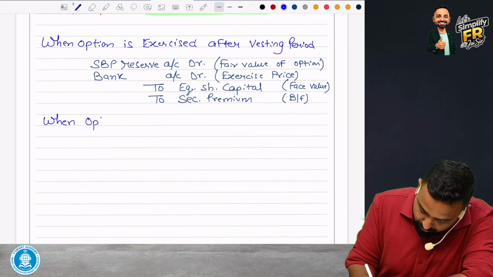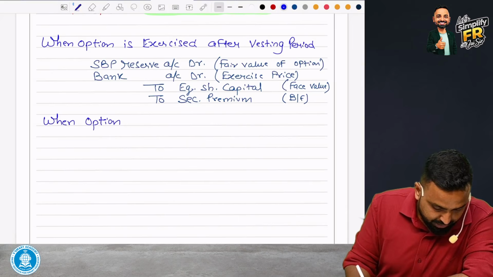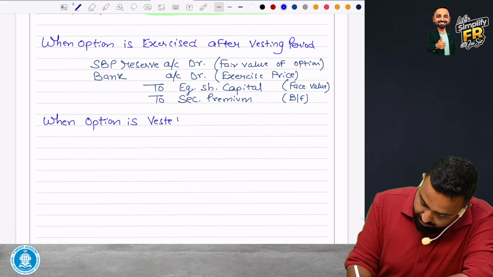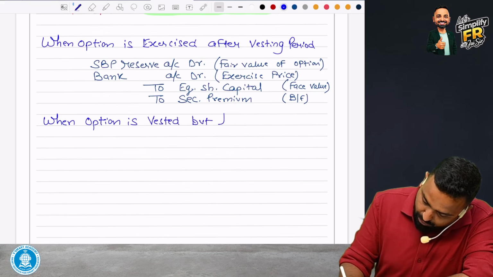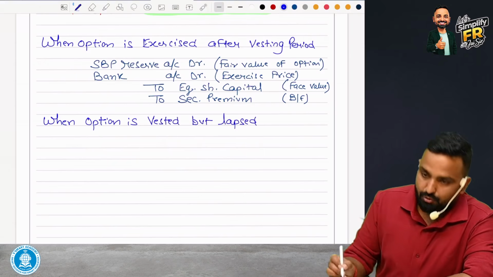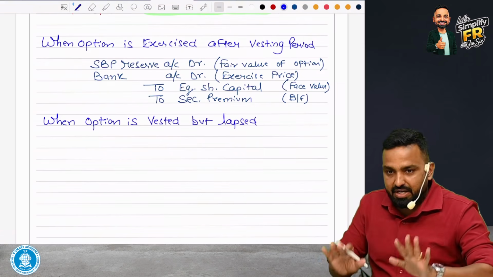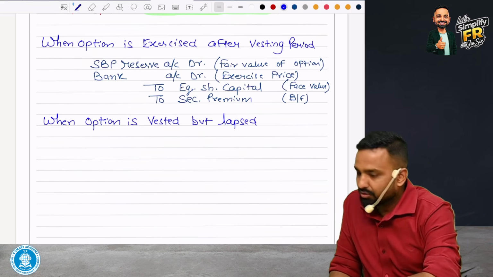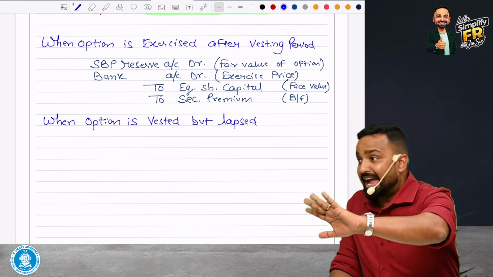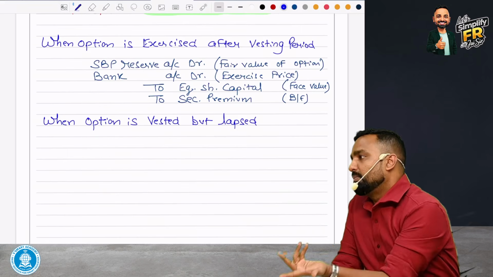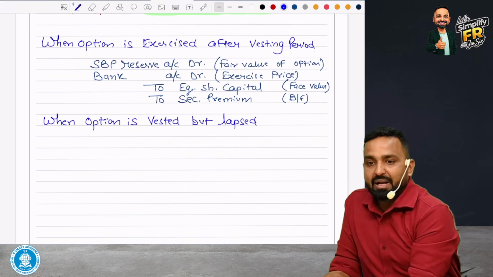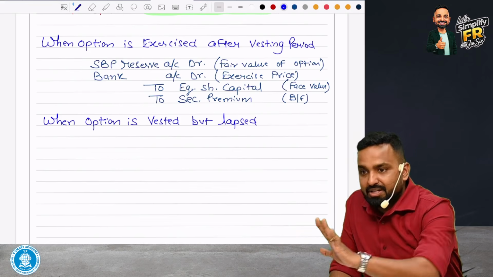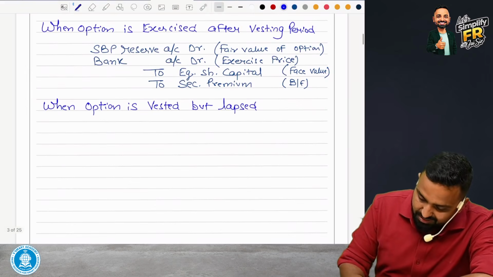When option is vested but lapsed. Option is vested means vesting condition fulfilled by other employees also, but they lapsed, they ignored. So option is vested means you are eligible, but you have ignored, you didn't reply to my mail. You understood now? Option is vested means you are eligible, but it is lapsed.